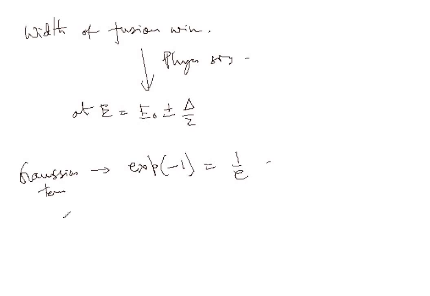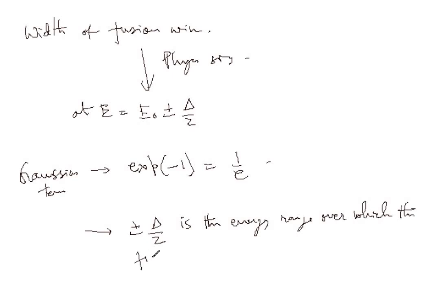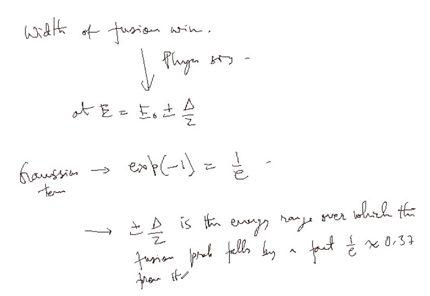This means that plus minus delta by 2 is the energy range over which the fusion probability falls by a factor 1 by e, that is 0.37, from its maximum at E0.